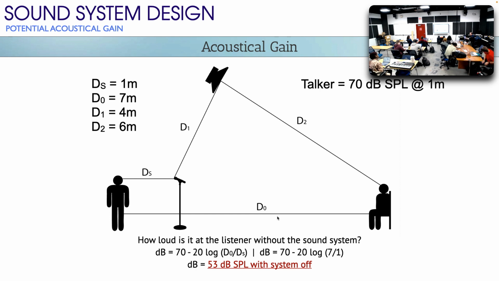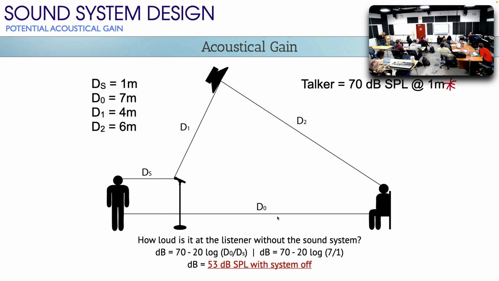The distance between the microphone and the loudspeaker is 4 meters, and the distance between the loudspeaker and the listener is 6 meters. Let's assume the talker is producing 70 dB SPL at 1 meter, the distance to the microphone, so the talker's voice is hitting the microphone at 70 dB SPL.